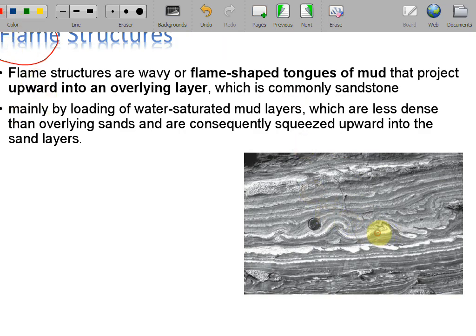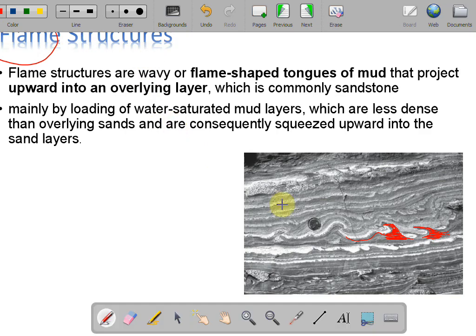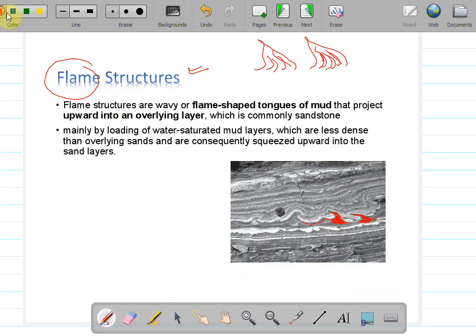So if you look at this image, you can see that these structures, they look like flames, okay. तो इसी के कारण हम इसको flame structures कहते हैं, okay. Flame structure. Now again this is a type of deformational structure, okay.